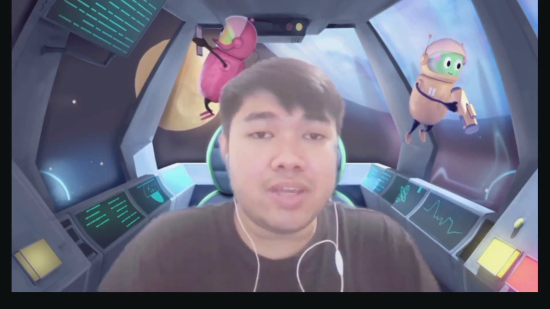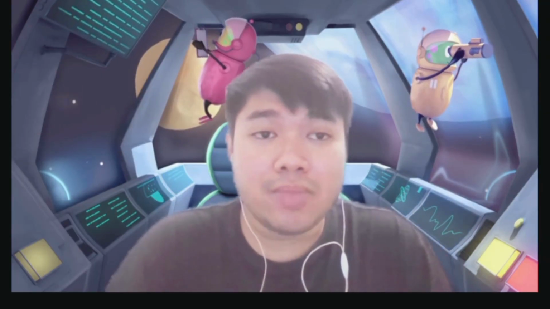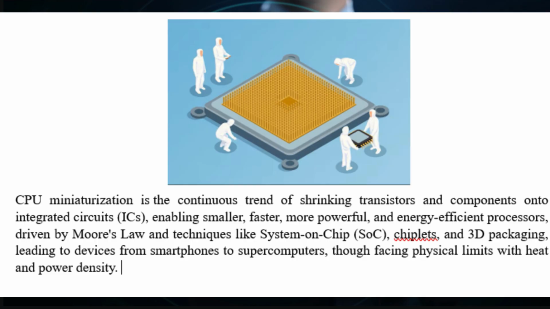The evolution of CPU processing power, Part 1. The mechanics of a CPU. For the introduction, the birth of a revolution. In the mid-1960s, a revolution in miniaturization began that would change the world forever. It started with the idea of packing transistors onto a single silicon chip, creating the integrated circuit.